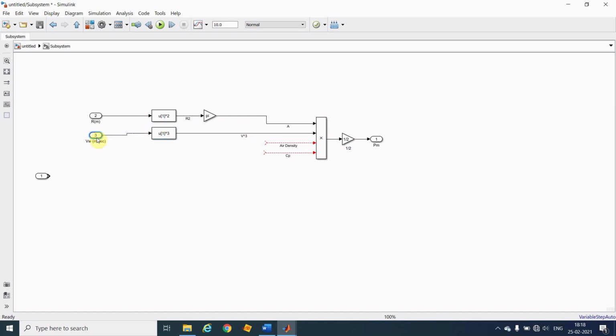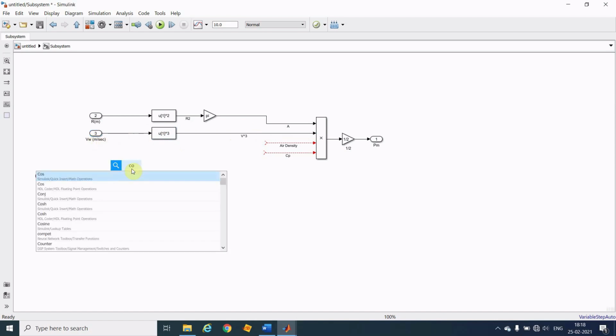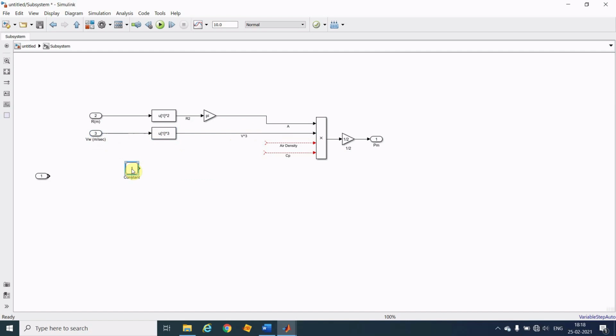then next what we have to do, we need a constant block, okay, which will give air density. Air density will be constant, because of that I am taking it constant.